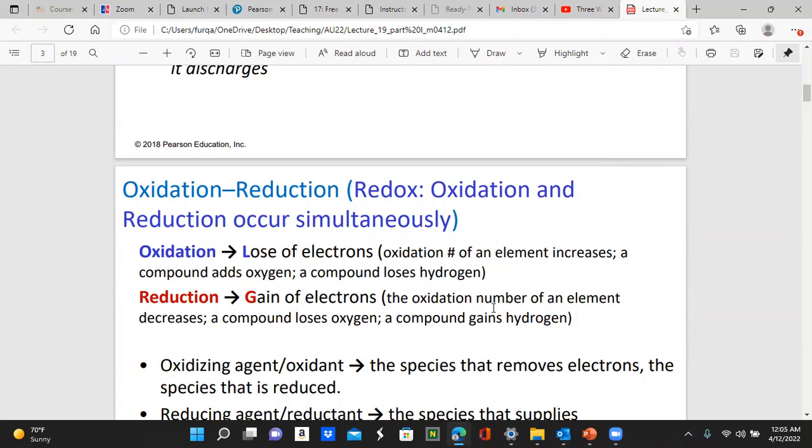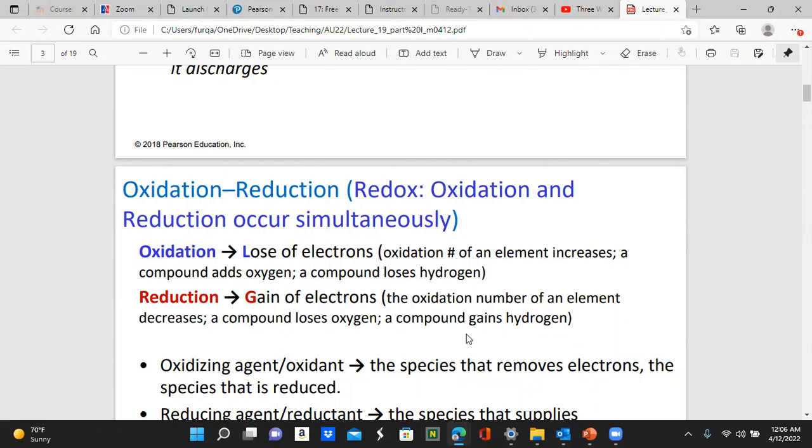If you look at the oxidation number of an element which is decreasing, you are going to say that the reduction is happening at this atom, or you can say the gain of electrons is happening. So you say gain of electrons, or the oxidation number of an element is decreasing, or a compound loses oxygen or a compound gains hydrogen. All these terminologies mean you're talking about the reduction reaction.